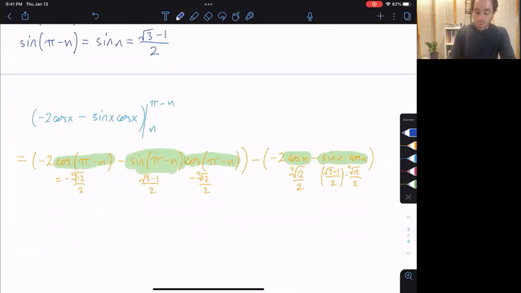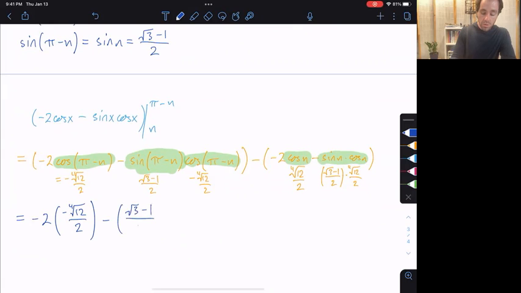So we've got the -2, don't forget that matters. -2 times negative fourth root of 12 over 2 minus root 3 minus 1 over 2 times negative fourth root of 12 over 2.